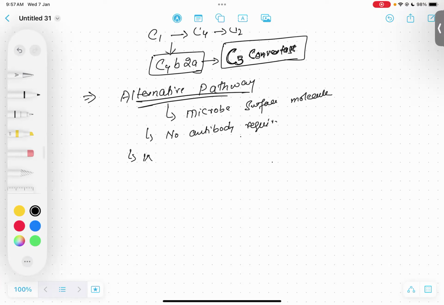This pathway works well against gram negative bacteria, because gram negative bacteria have a specific type of lipopolysaccharide, and these lipopolysaccharides activate the alternative pathway.